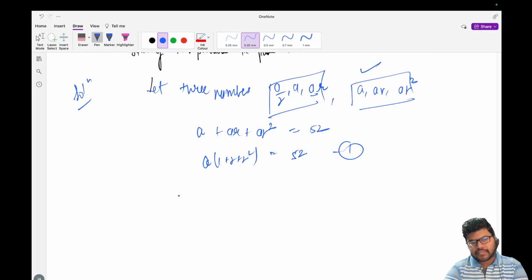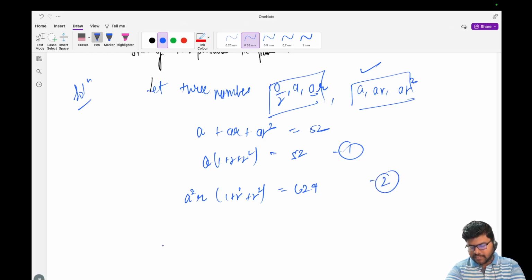Now we have this sum of products in pairs means a into ar means a square r, ठीक है, times (1 + r square). This term is 624, second equation, right?